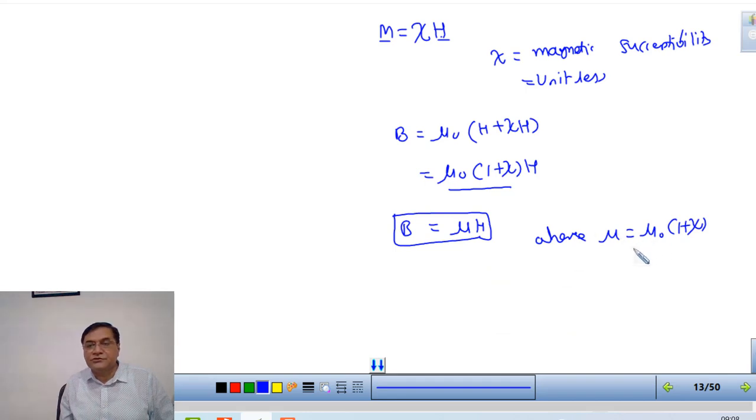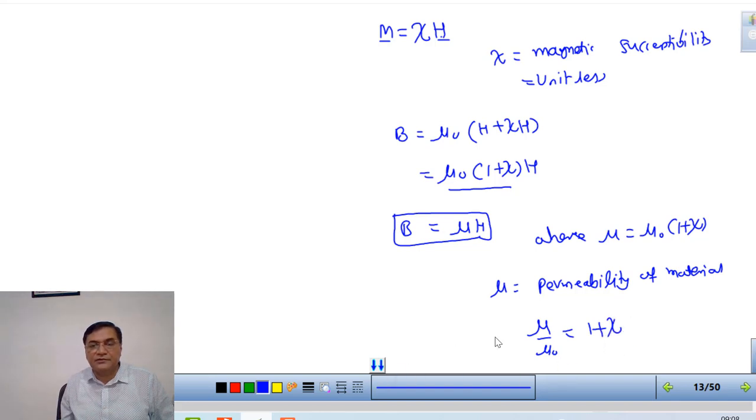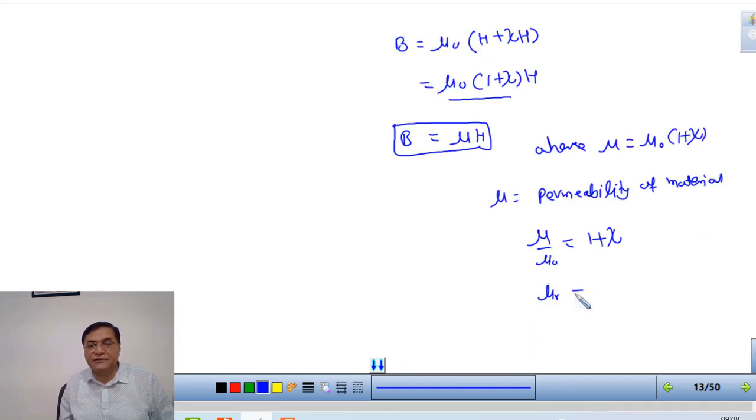So μ is called the permeability of the material. And μ upon μ0, if you write, is 1 plus chi. And this is called relative permeability.